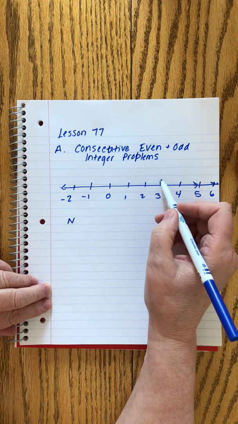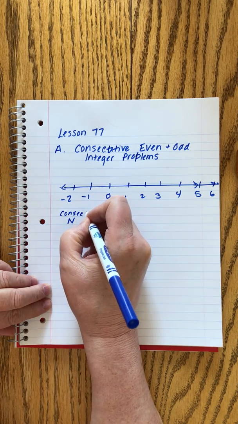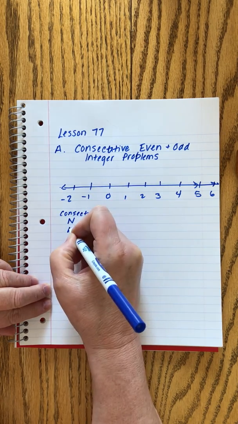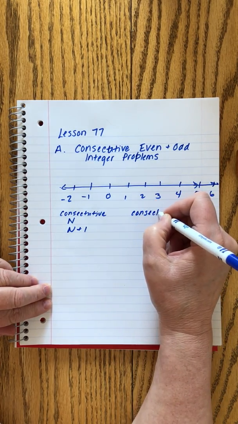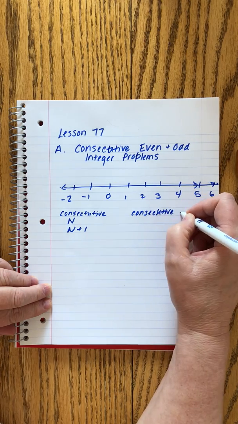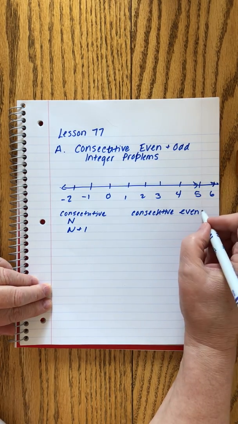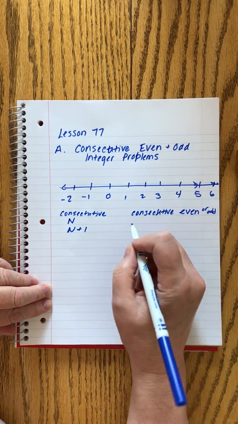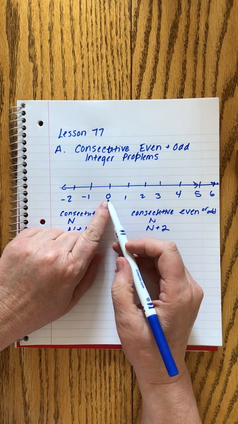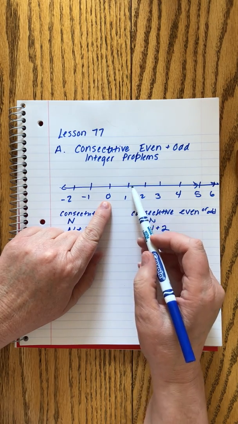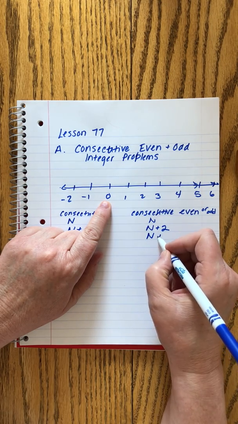The second number, instead of being n plus 1, if it's consecutive even, is n plus 2. To get from 0 to the next even consecutive integer, we would have to go up 2 jumps. And then from there, we'd have to go up 2 more, so that would be a total of 4.